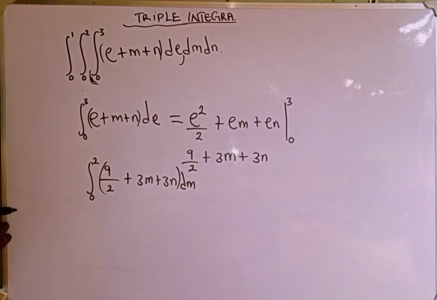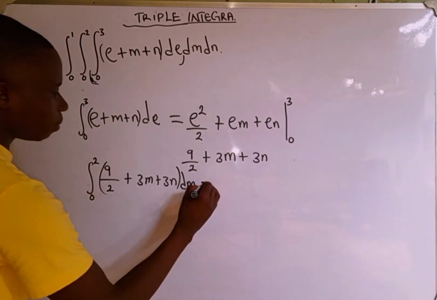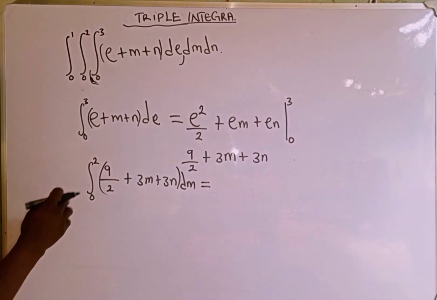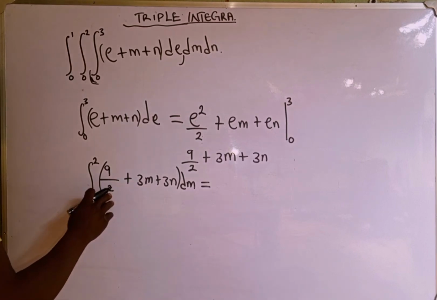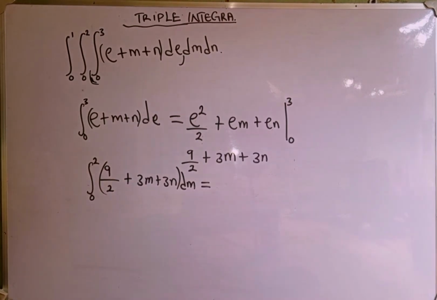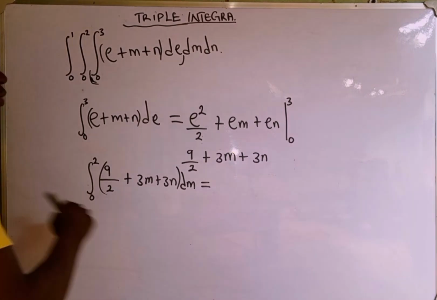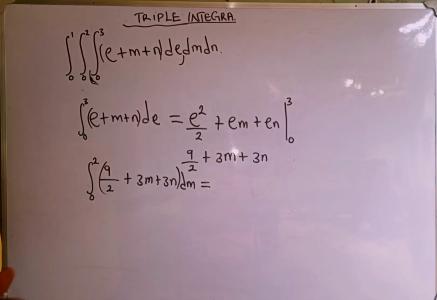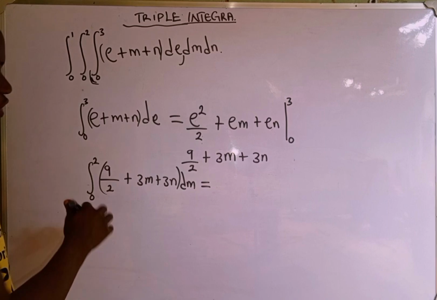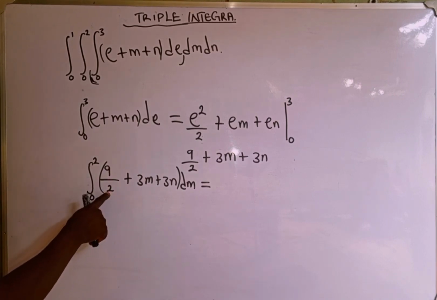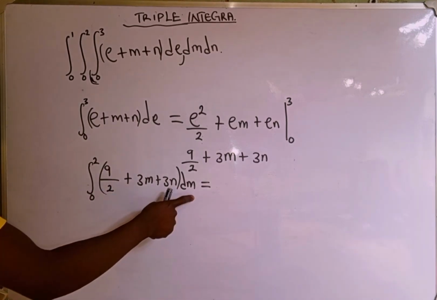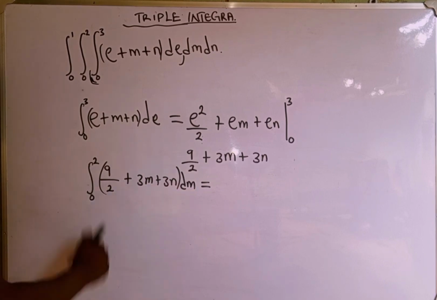So we're going to integrate this function with respect to m. If you're integrating with respect to m, all the terms without m, we're going to treat as constants. So the first one is 9 over 2. 9 over 2 with respect to m is the same as using this m to multiply by 9 over 2.